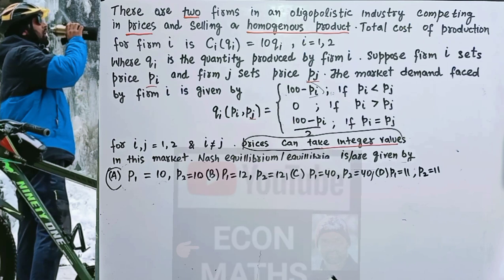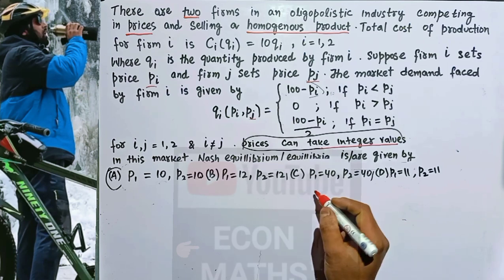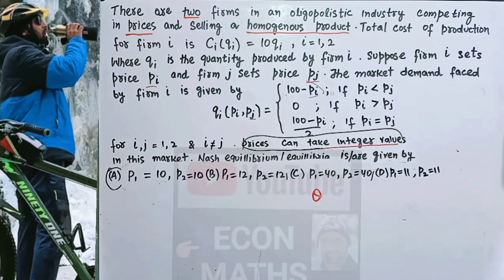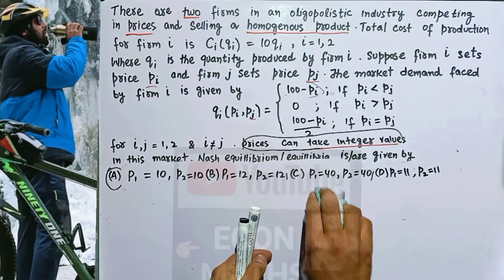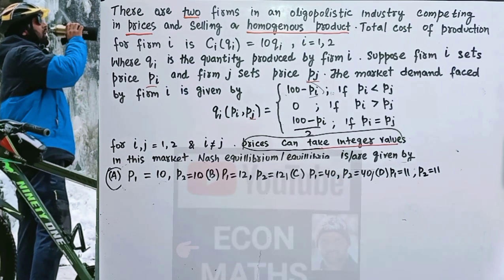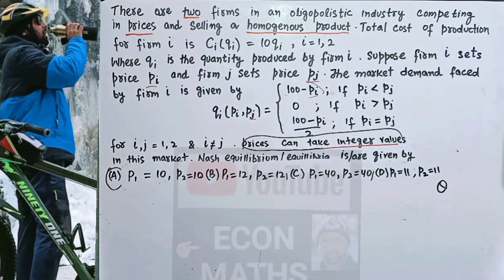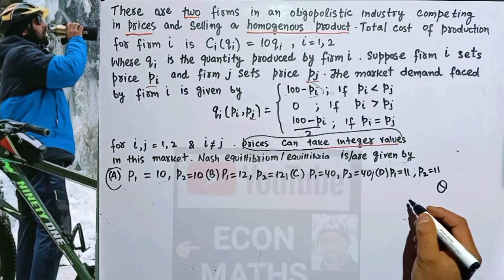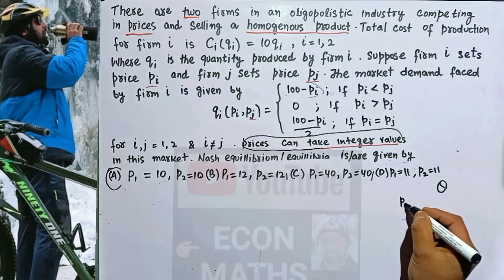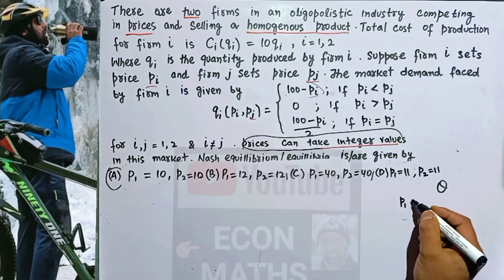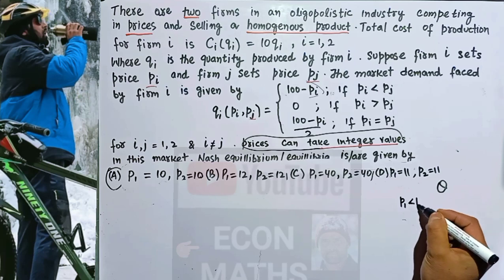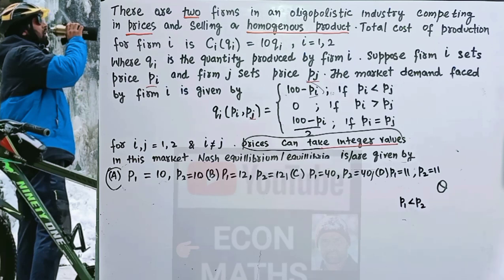So let us see what happens in Bertrand competition first. Let us say the total market demand is denoted by capital Q, and let me write it on this side. Let us say the total quantity in the market is capital Q. If we have two firms, let us say firm 1, if firm 1 sets a price less than firm 2, what happens?